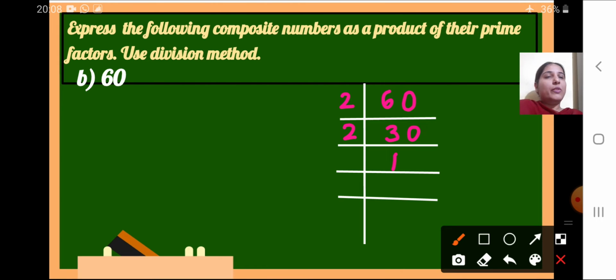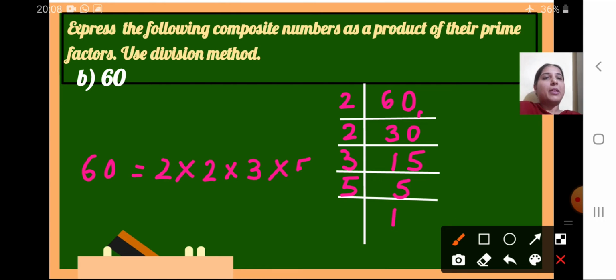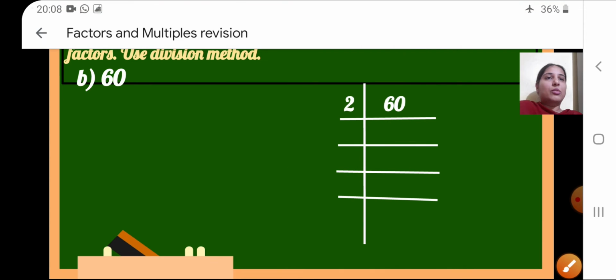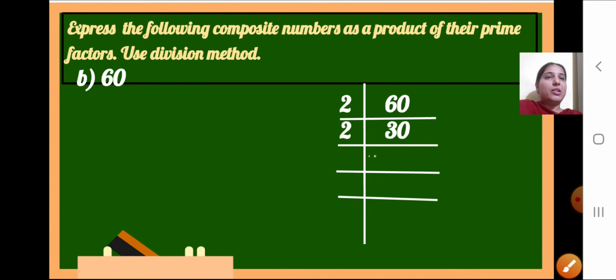Then you will get 15 here, and now 15 will be divisible by 3, 3 5s are 15, and then 5 1s are 5. So 60 can be written here as 2 multiplied by 2 multiplied by 3 multiplied by 5. Okay. Now you can see here, children.